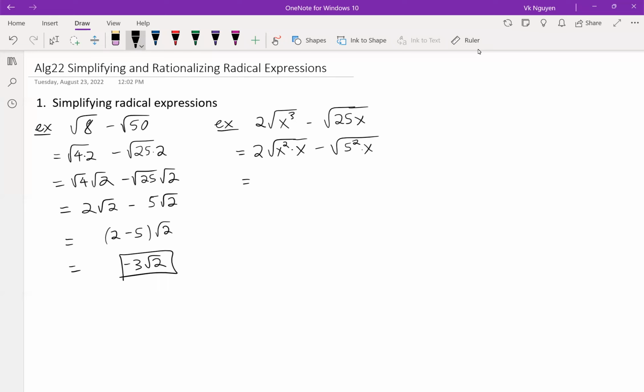Root x squared is x, so 2 times x root x minus 5 root x. And from there we see that we have the same radical root x, so we factor out the root x and we have 2x minus 5, assuming that x is positive.